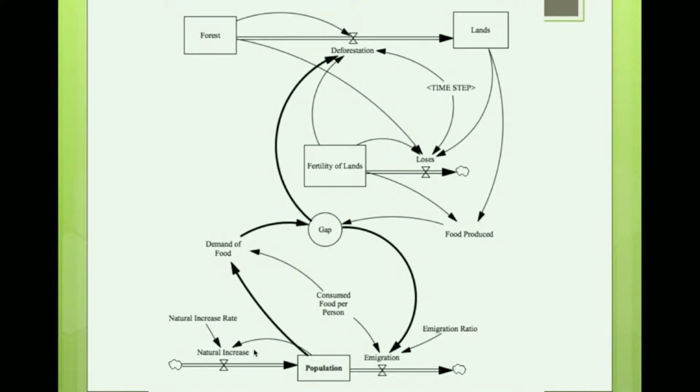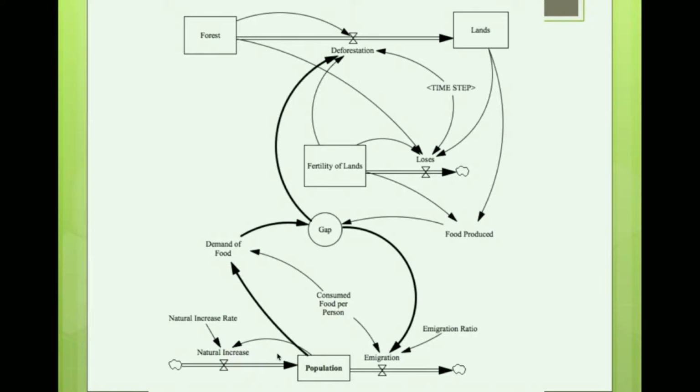So this natural increase should be interpreted as a net, births and deaths, and then the outs in this particular model are from people leaving, emigrating, in this case for lack of food.